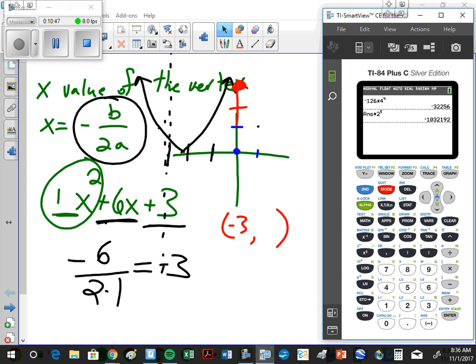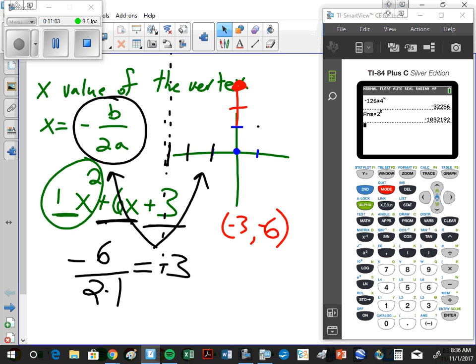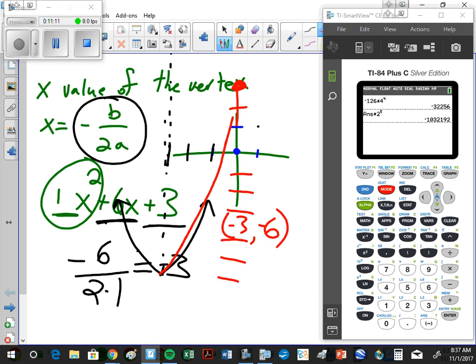What is 6 times -3? -18. 9 minus 18 is -9 plus 3 is -6. So I move this to -6. So about right here, and you can see that it's going to hit the y-axis exactly where it hit it before.